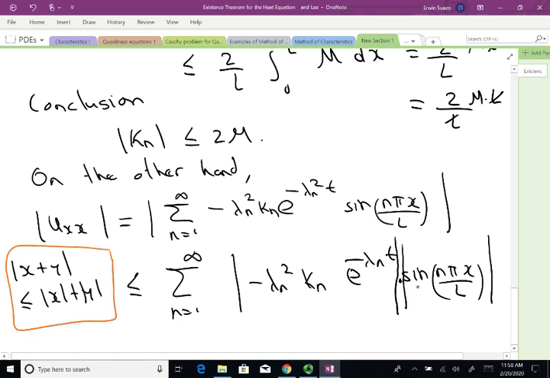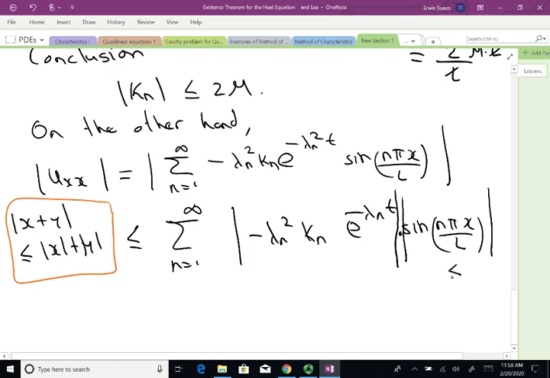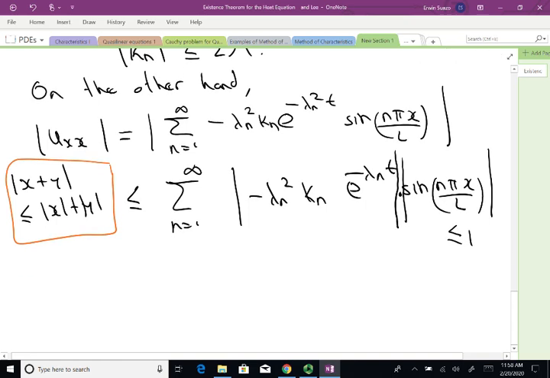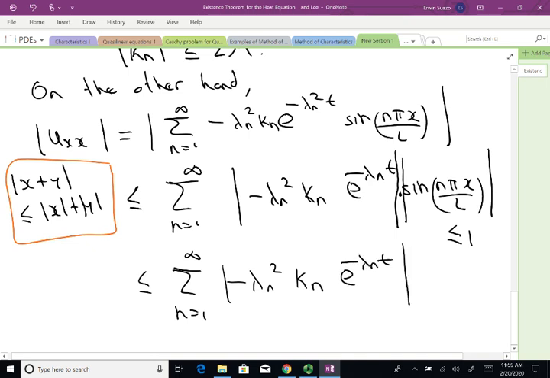And now this sine n pi x over L is less or equal than 1, right? Sine is always less or equal than 1. The factor outside is multiplied by something, but that sine doesn't have any multiplication. So this is less or equal than the sum from n equals 1 to infinity of the absolute value of lambda n squared k sub n e to the minus lambda n t.